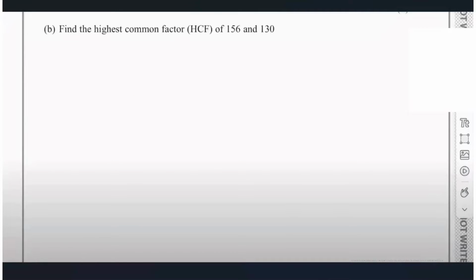Part B says find the highest common factor of 156 and 130. So we just said that 156 is 2 squared times 3 times 13. So let's write down the prime factors of 130. 130 is 13 times 10. 13 is a prime number, so we can't break it down, but 10 can be broken down into 5 times 2.